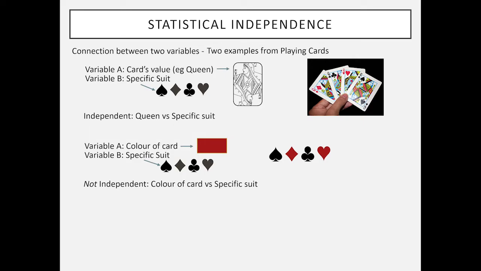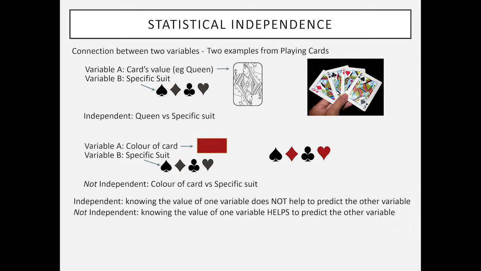So in this case, we say the two variables are not independent. Knowing one helps to predict the other. So independence means knowing the value of one variable doesn't help to predict the other. Not independent means that it's useful information, because now we can adjust our prediction of what the other variable is.